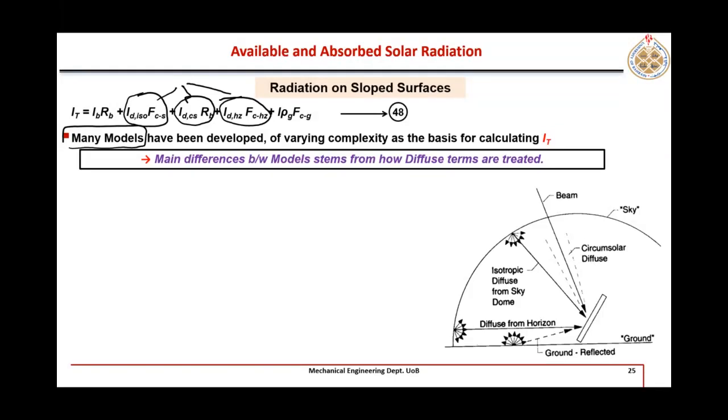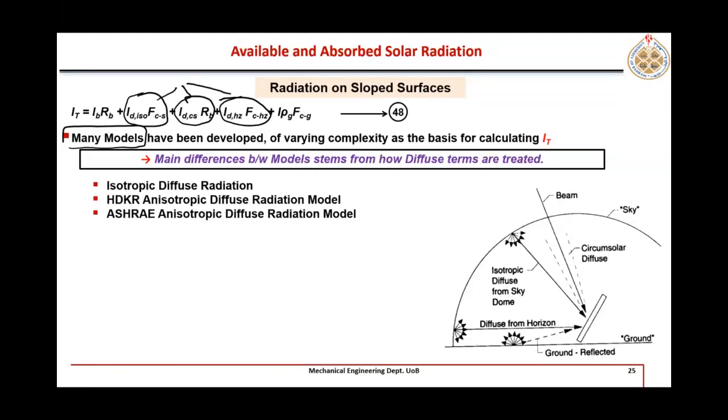Some are simple, some are very complicated. The three models normally available are the isotropic diffuse radiation model, the anisotropic diffuse radiation model, HDKR, or a model proposed by Perez.